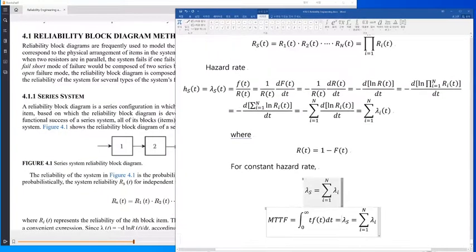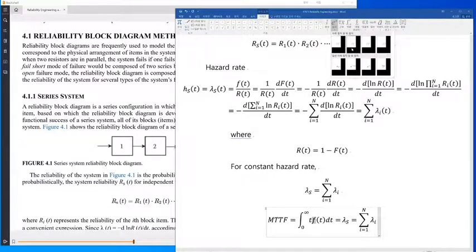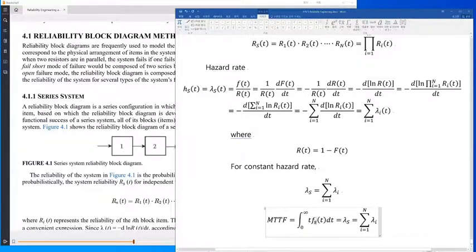And of course this f should correspond to the f of the system.